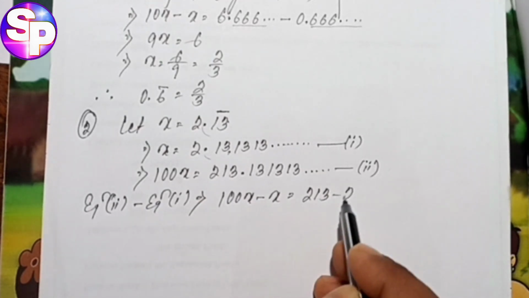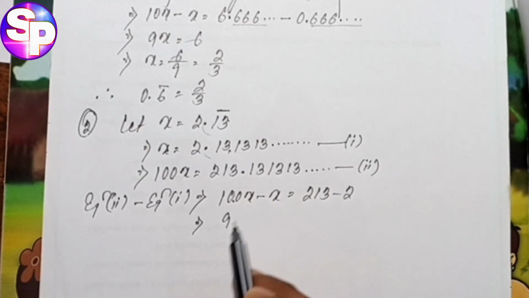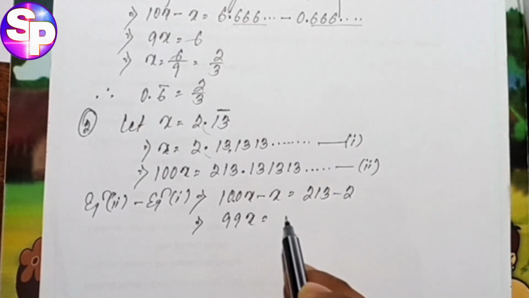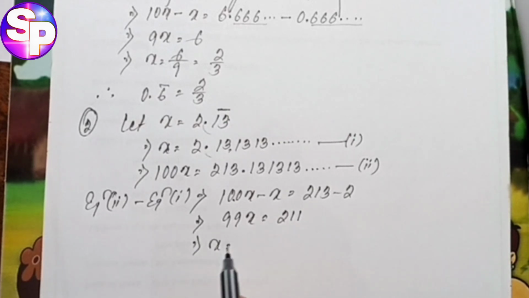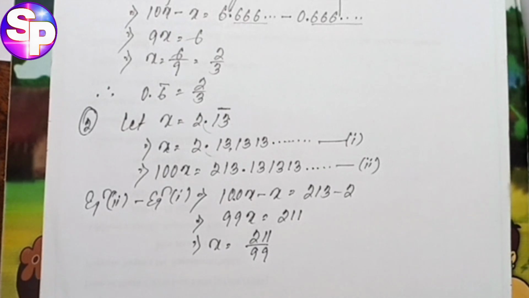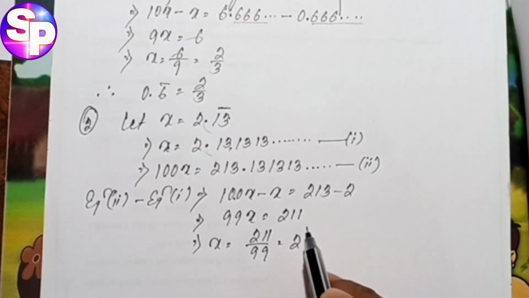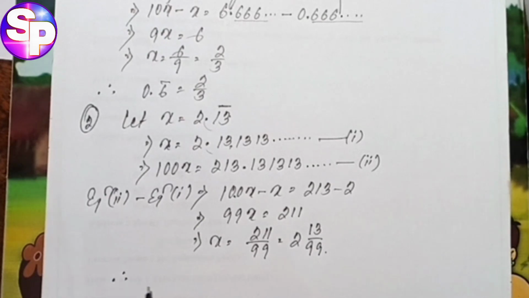Because the decimal parts have already cancelled. 100 minus 1 is 99, so obviously 99x is equal to 211, right? So x is equal to how much, children? 211 by 99, right? And if you want to convert into the mixed fraction, you can convert to 2 whole, that is 13 by 99. Therefore 2.13 bar is equal to 2 whole 13 by 99.